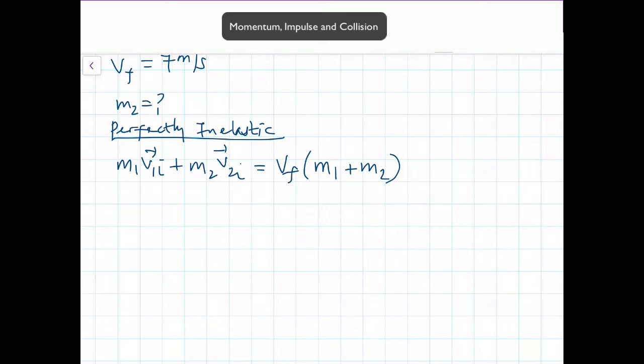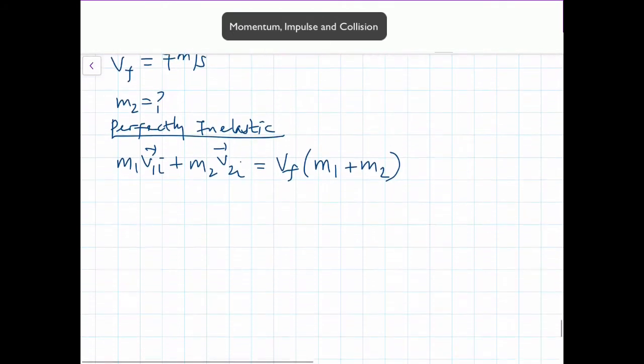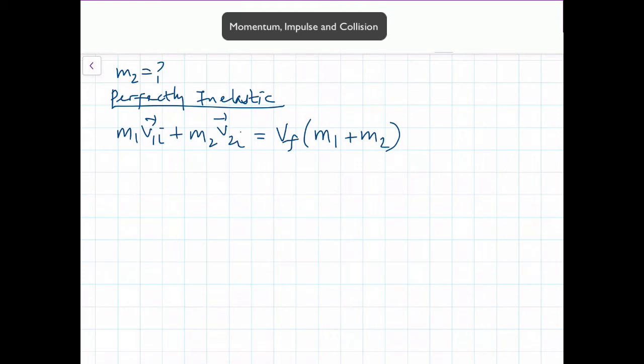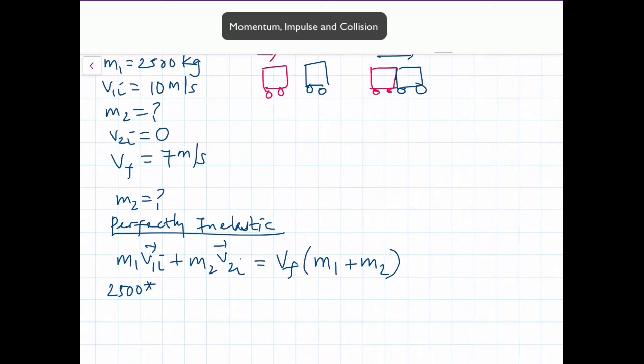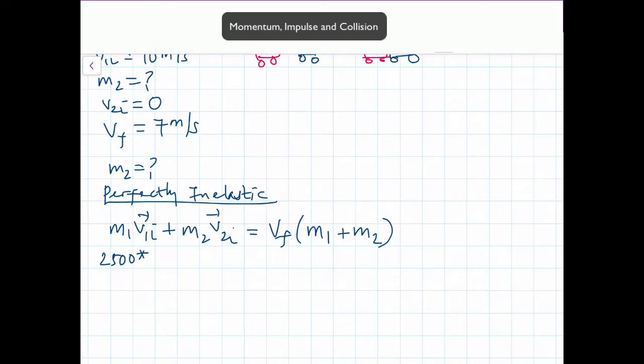Mass 1, which was 2500, multiplied by an initial velocity. It had an initial velocity of, what was it, 10 meters per second? Plus mass 2, unknown. Initially it was at rest, it didn't have any initial velocity. Common velocity 7, then 2500 plus mass 2.